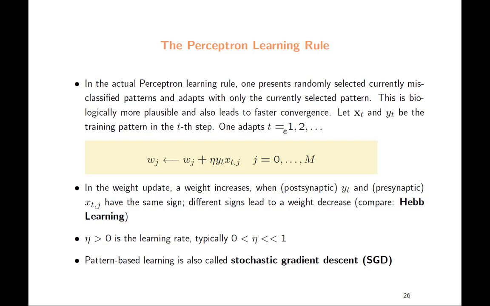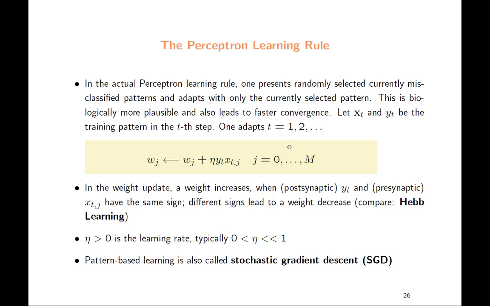The brain doesn't first accumulate an error and then adapt something. It does it for each training data input. So here we now use the index t to indicate that there's some temporal sequence of training data points. Before it was xi, now it's xt.